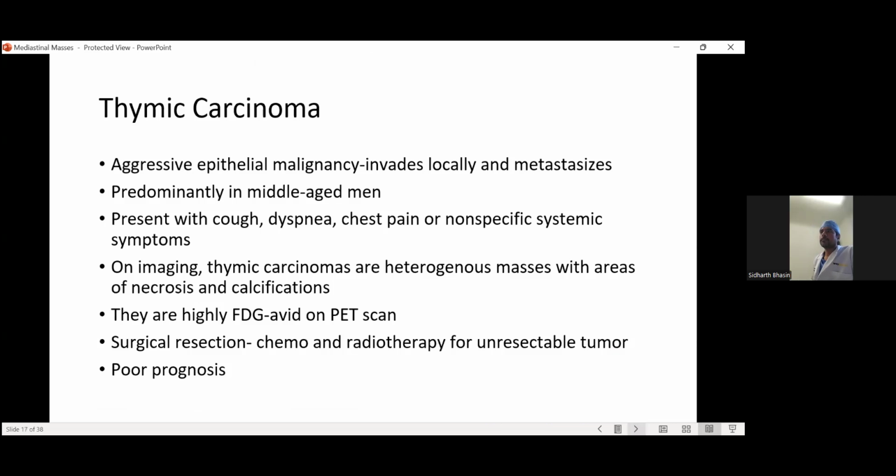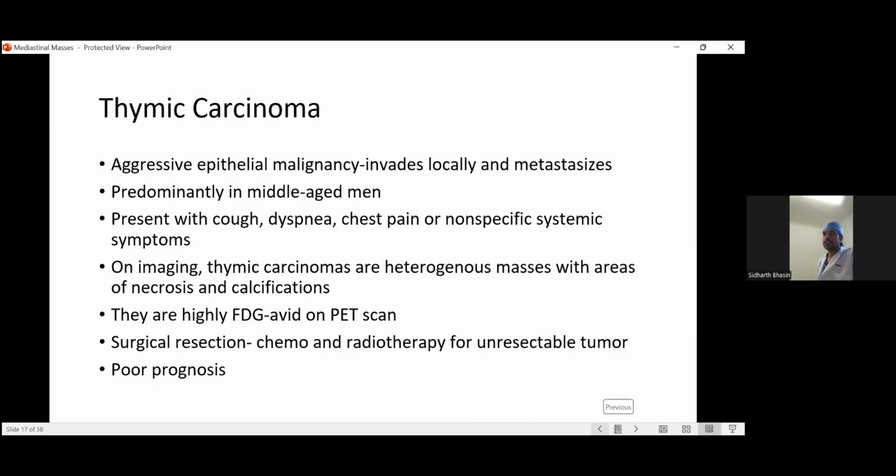Moving on, thymic carcinomas are basically aggressive epithelial malignancies which invade locally and metastasize. It's predominantly in middle-aged men, presenting with cough, dyspnea, chest pain, or non-specific systemic symptoms. As I was telling you earlier, thymic carcinomas are heterogeneous masses with areas of necrosis and calcifications.